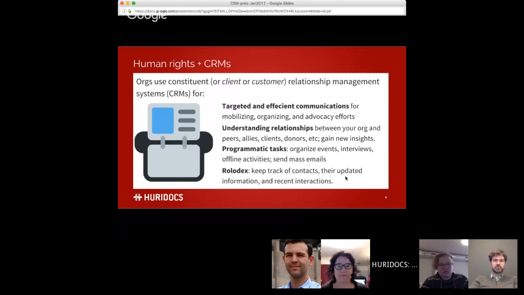It also helps you to understand your relationships better, whether between your organization and your peers, or your organization and your allies, or maybe your clients and your donors. By being able to monitor and track all this data and those relationships, you will hopefully gain some new insights and be able to do your work more effectively.